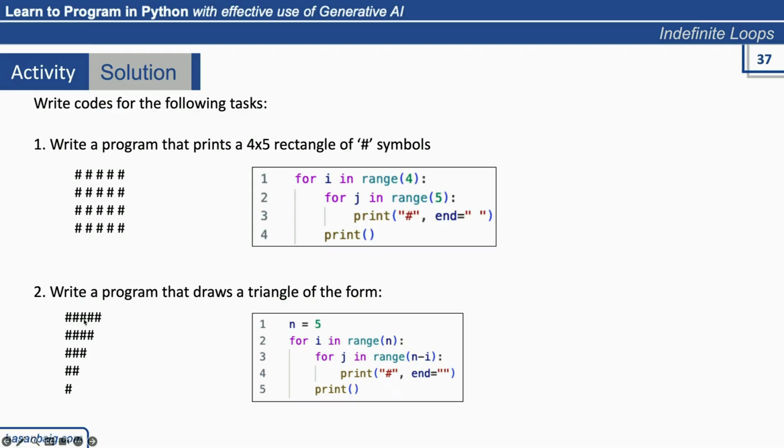This pattern is printed. It will change line, and then when the value of i becomes 1, the inner loop runs 5 minus 1 times, which is 4 times. Now the print statement will print hash 4 times, and then 3 times and 2 times and so on.